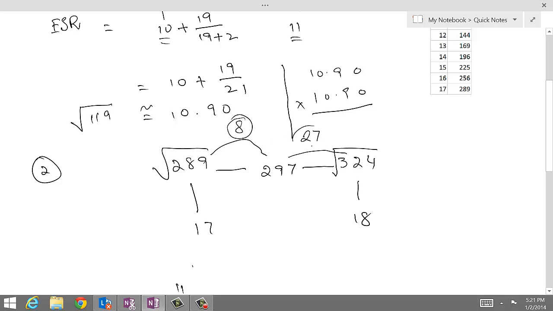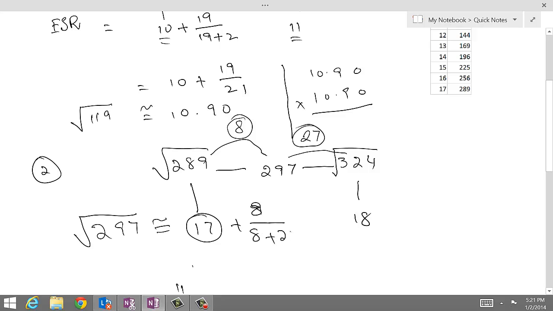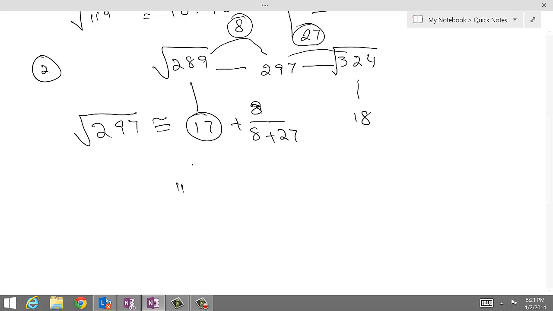So once we have established these distances and we know the lower boundary, then the estimated square root of 297 is approximately equal to 17 plus 8 over 8 plus 27, which is equal to 17 plus 8 over 35, and this is equal to 17.22. See how close you are.